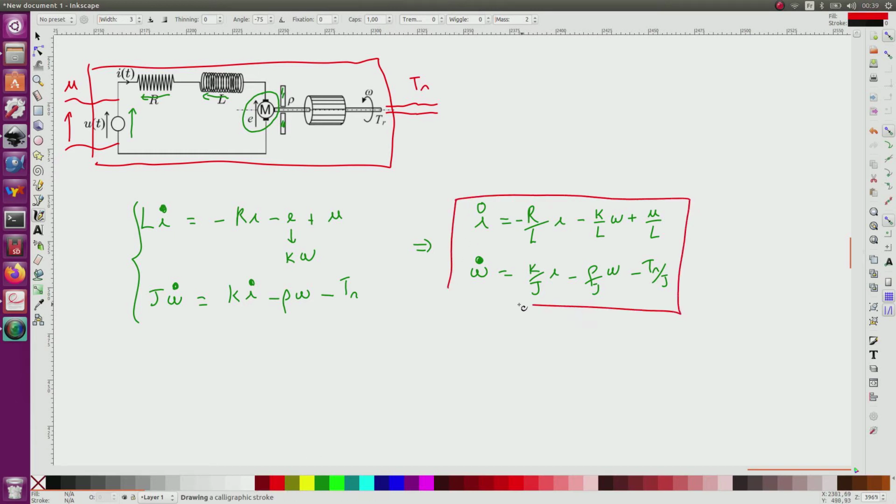This corresponds to the state equation of my system, and it is linear.